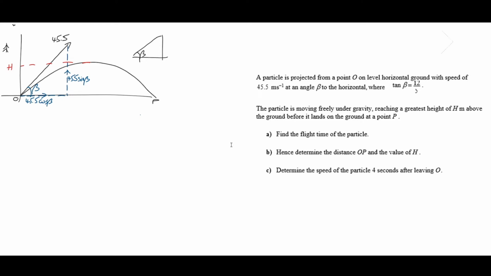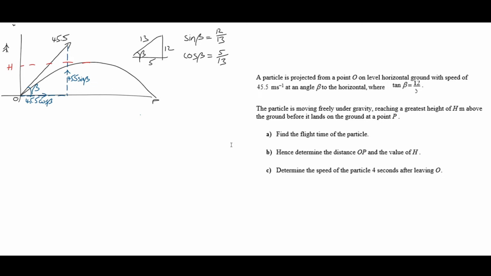And if you recognize this triangle, we know the hypotenuse is 13. If you didn't recognize it, that's absolutely fine. You can use Pythagoras to get there. So sine beta equals 12/13. Cosine beta equals 5/13.